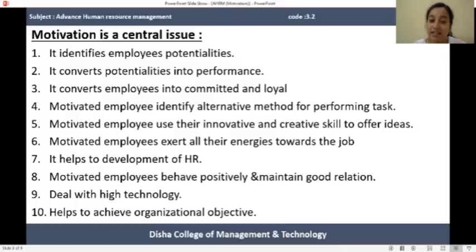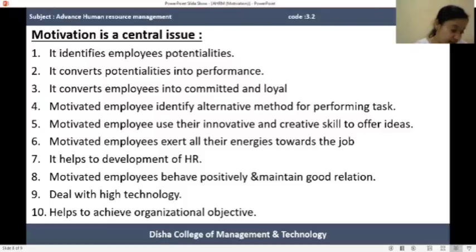So for that reason, they provide various innovative and creative ideas to the organization by using their skills. If these ideas are implemented by the organization, then it helps them to get success.